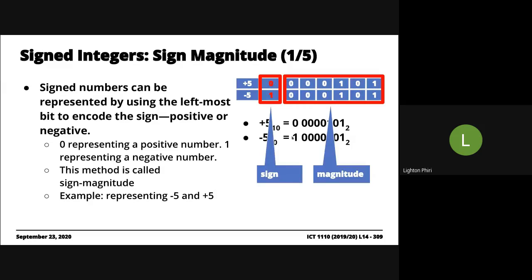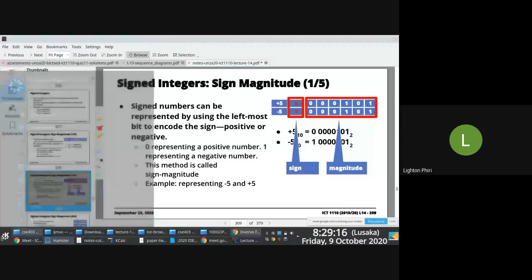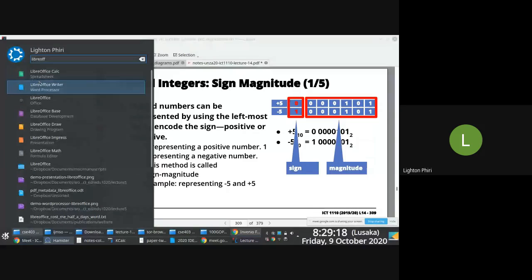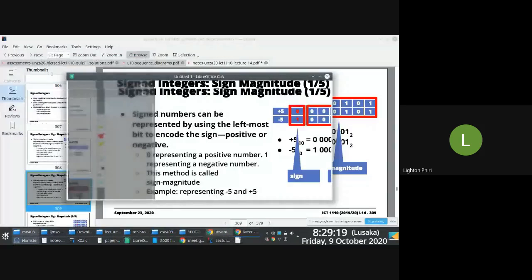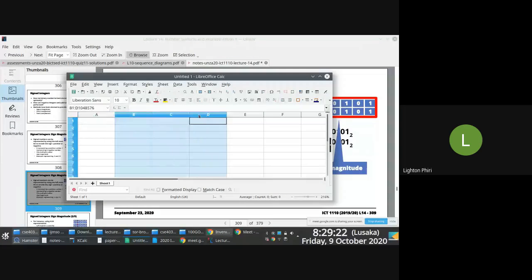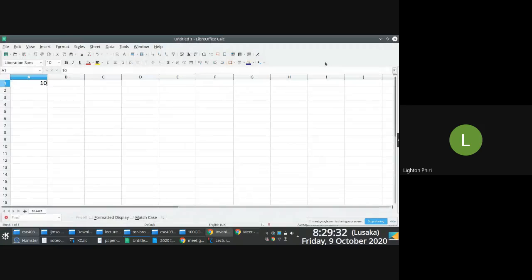Yeah, well, what we're saying is that sign magnitude is simple, right? When you're representing a number using sign magnitude, you do two things. You use the most significant bit to represent the sign. Let's look at an example, -10 and +10, right?